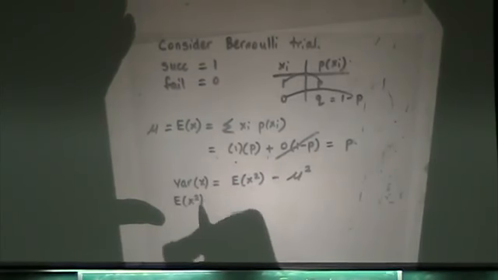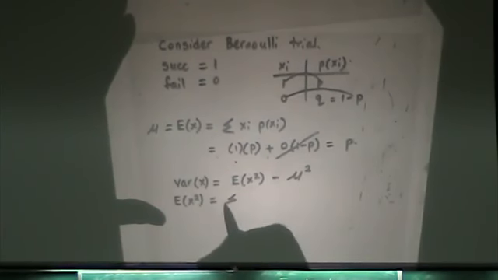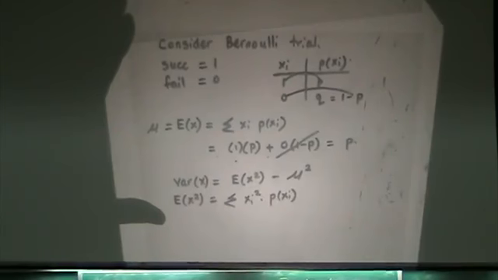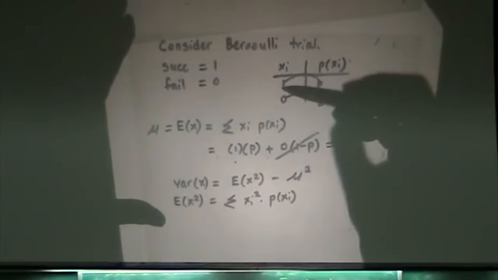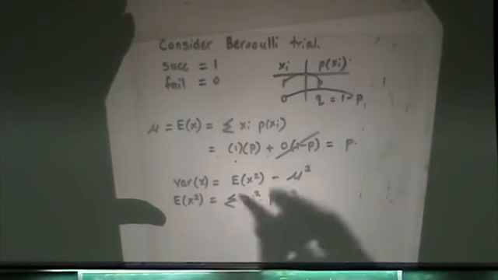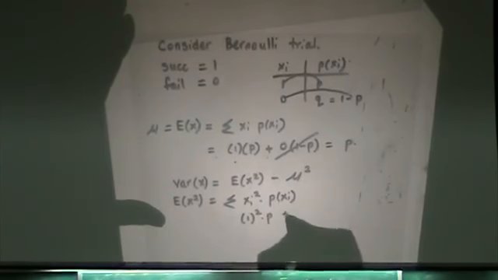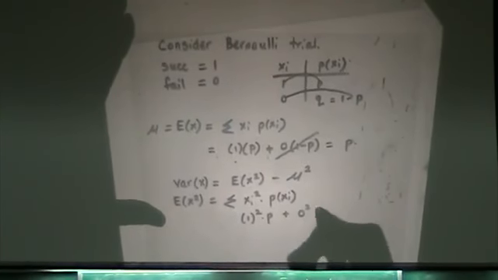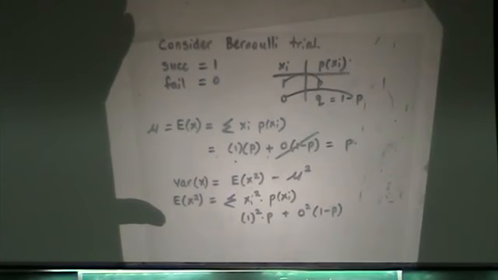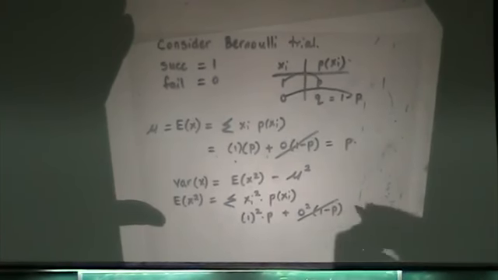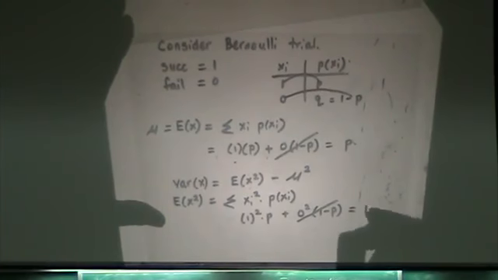E of x squared would be summation xi squared p of xi. So square the 1 and times by p. 1 squared times p plus 0 squared times 1 minus p. Of course, this drops. And again, for E of x squared, I still get p.